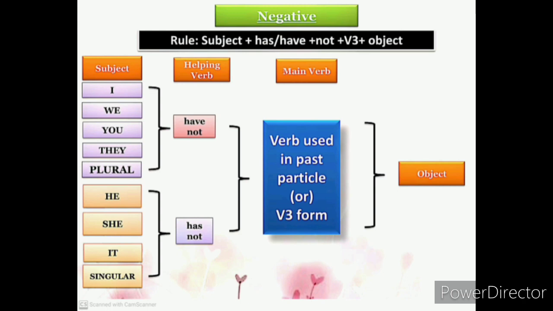With subject he, she, it and singular, we use has not, then verb third form and then object. For example, I have not reached home safe and sound. He has not worked the sum.